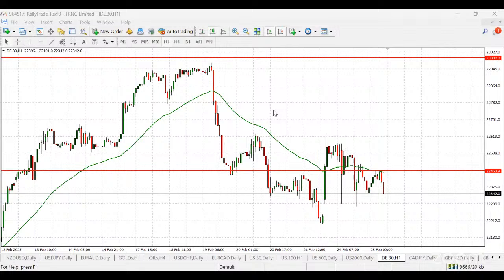Okay, Shin, I'm not sure what you mean by staying with D40. What exactly is staying with D40? All right, for Dorothy, Victor, and doing as well. I hope you got the analysis on DE40, German index, all right?